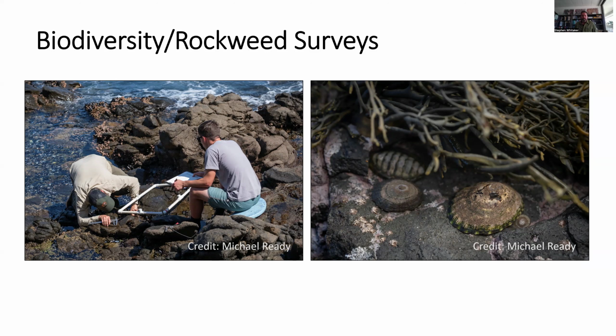We also established transects along the intertidal gradient, which allowed us to measure changes in biodiversity as a result of restoring Sylvicia at a site. And we repeated those surveys several times during the study period and then again at the end.